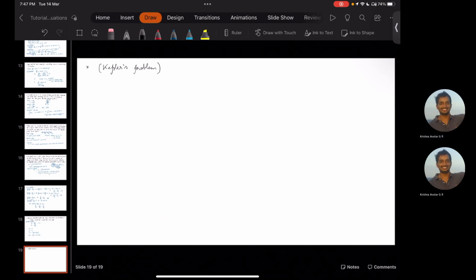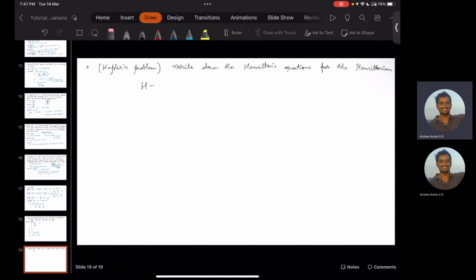Write down Hamilton's equations for the Hamiltonian, which is H as a function of the p vector and q vector, equal to half of p1 squared plus p2 squared minus 1 over the square root of q1 squared plus q2 squared.